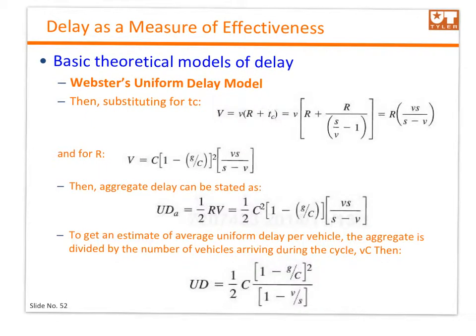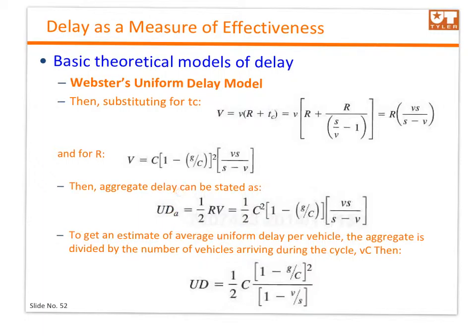As we said, here he started to substitute for TC. We defined TC before, and we're now going through some derivations. For R, he replaced R with C times 1 minus G over C, and TC was also replaced. If you go through the analysis, the aggregate delay can be stated as 1 over 2 RV.